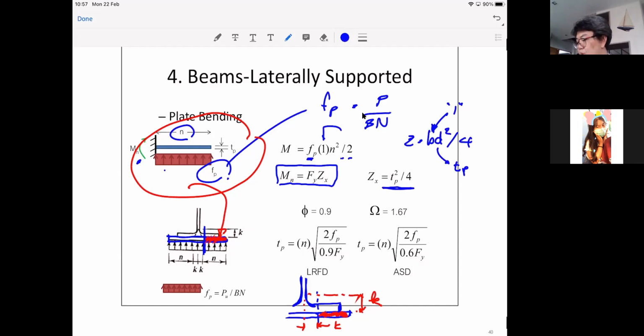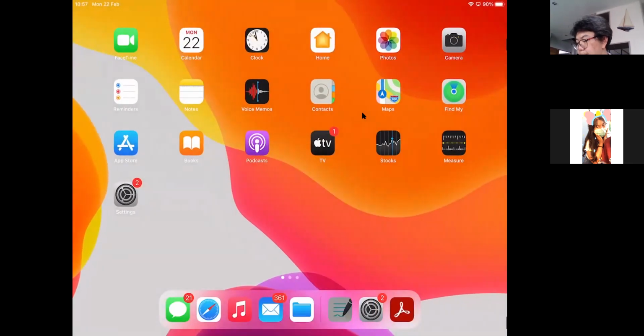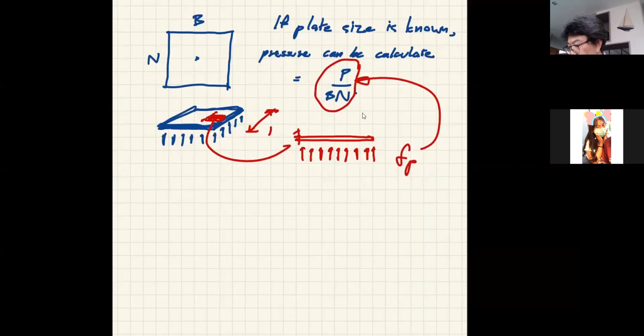Okay, and with a little bit of rearrangement, you have the formula for the calculation of the thickness of the plate. And this comes from, let's say I'm running out of space, so let's say the moment is equal to Fp, and then if that's your n after the calculation, it's n squared over 2.